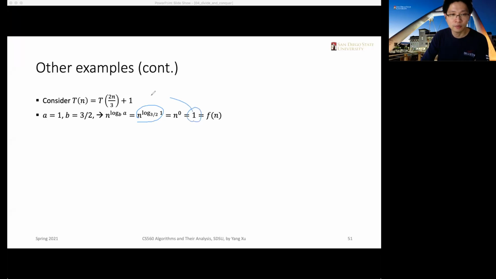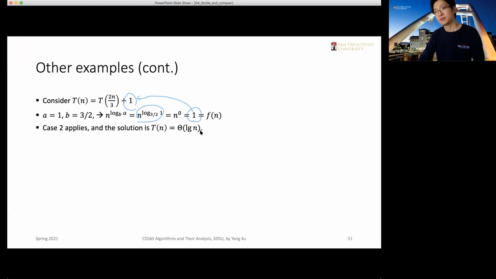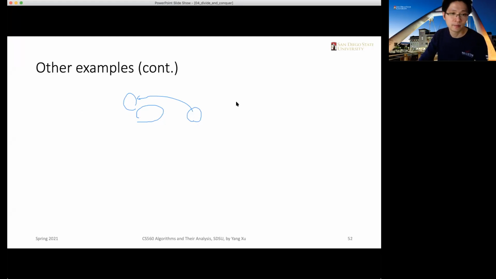And 1 is the same order as the f of n here, which means case 2 applies. Then the solution is either one of them times logarithm of n, so the solution is big theta of logarithm of n.